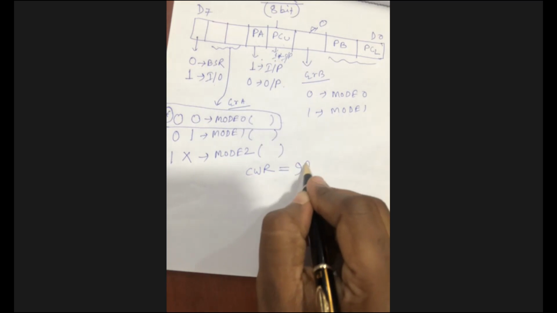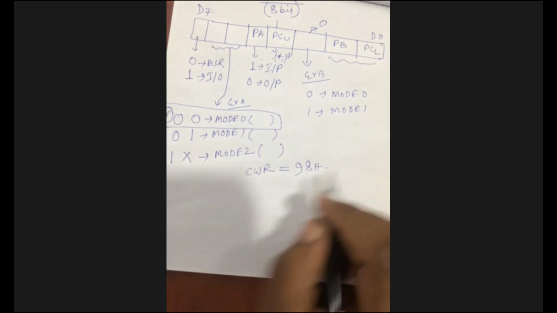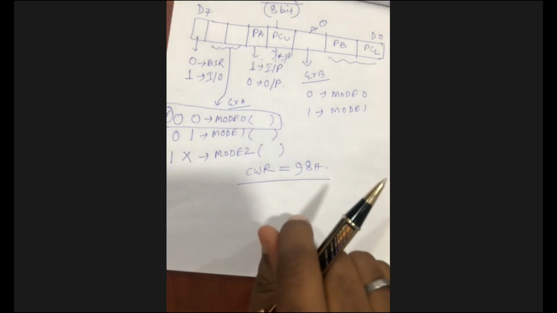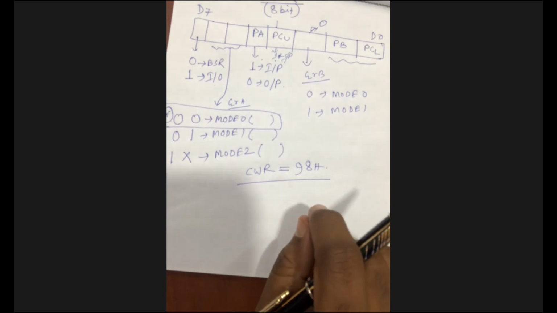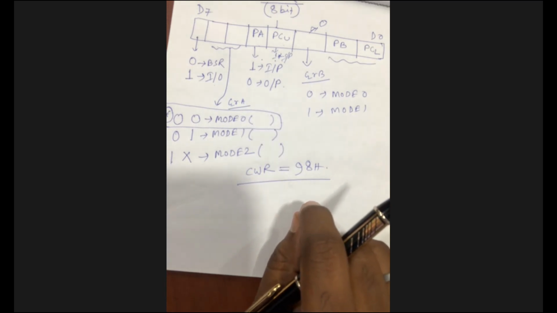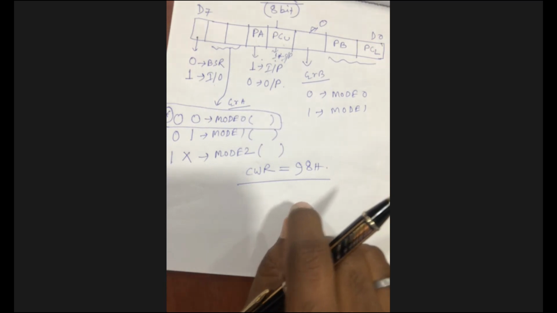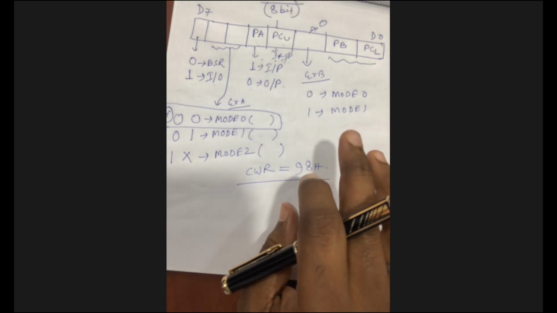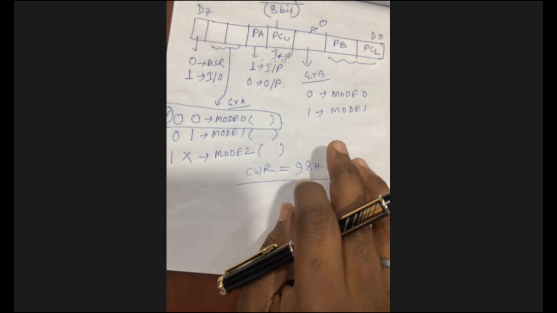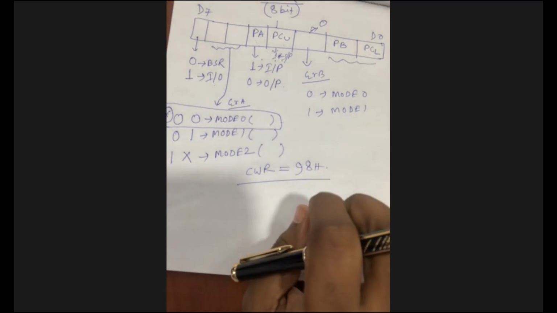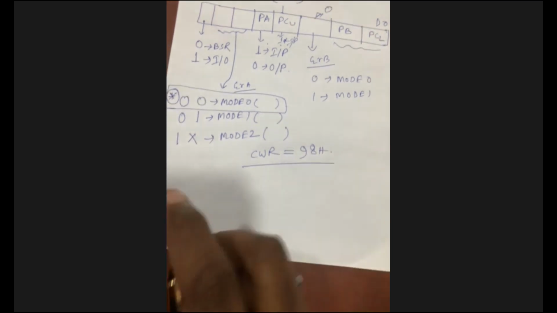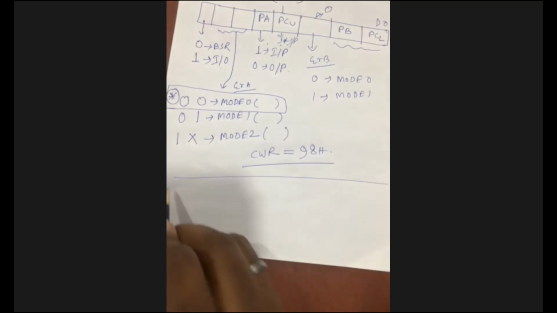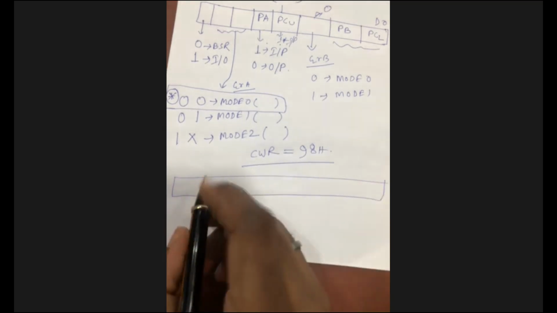If the value of CWR is 98H, then calculate and explain it. So if 98H is in CWR, just convert it into binary.